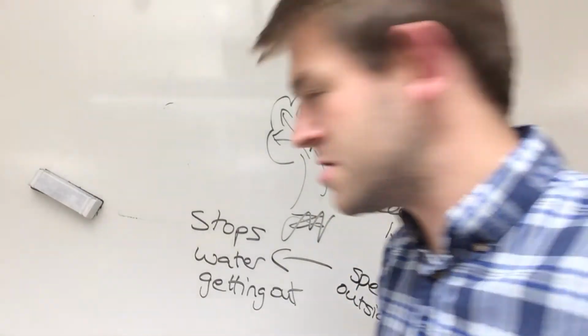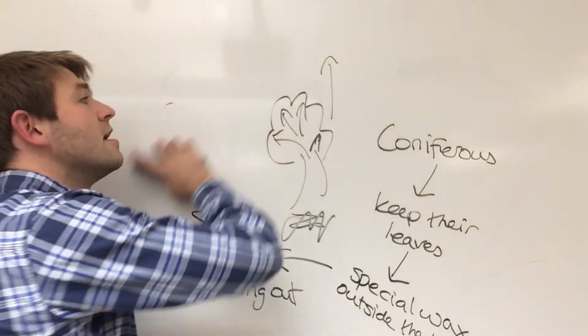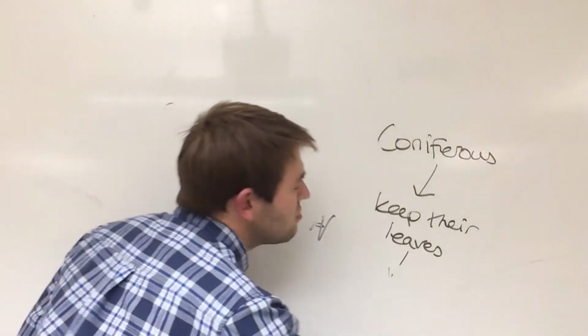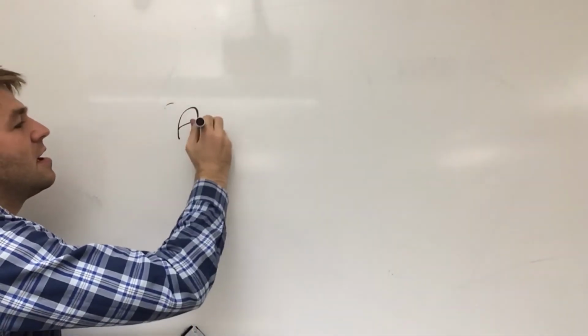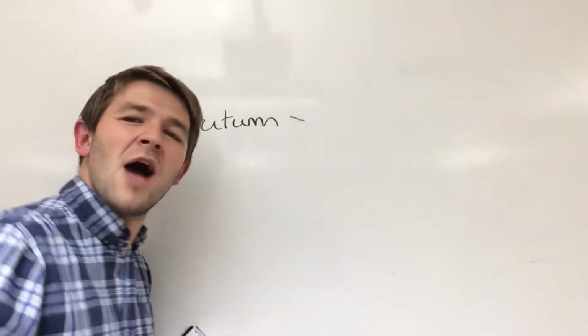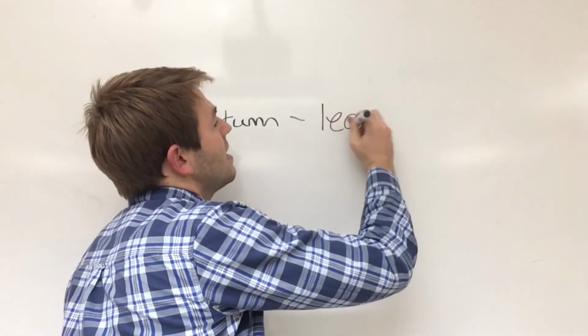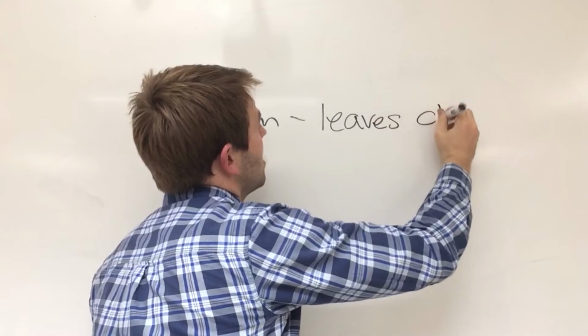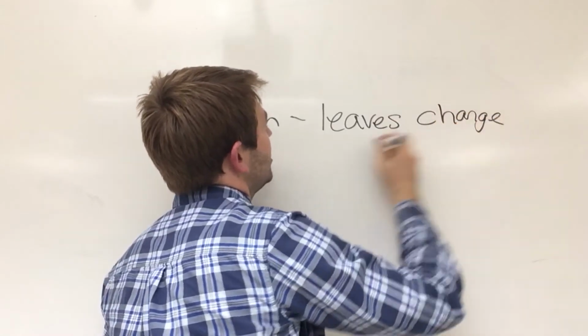It's really, really good. The final thing is, of course, the most beautiful thing about autumn. Because in autumn, the thing that everybody says, vad händer på hösten? What happened in autumn? They will all say, the leaves change colour.